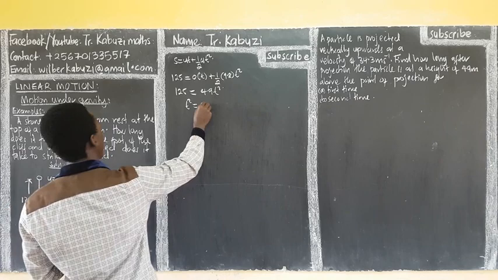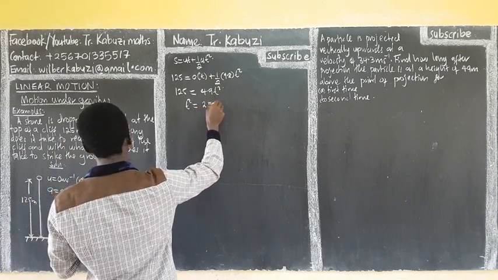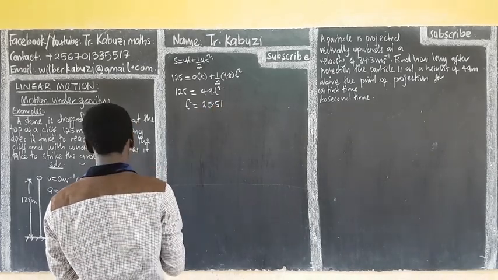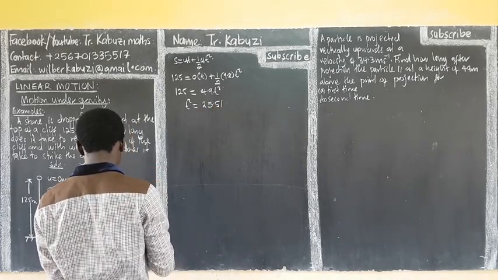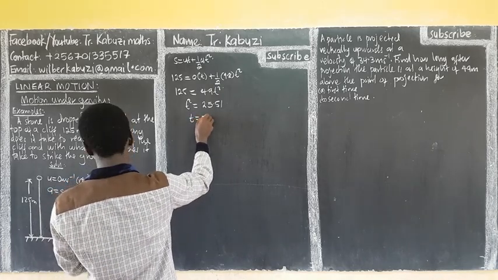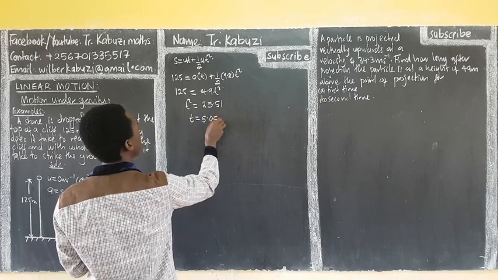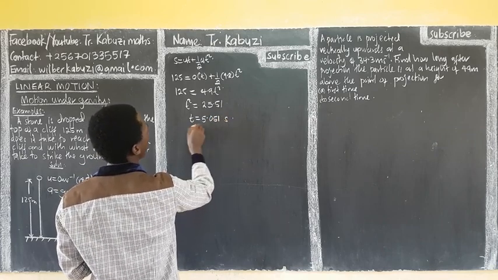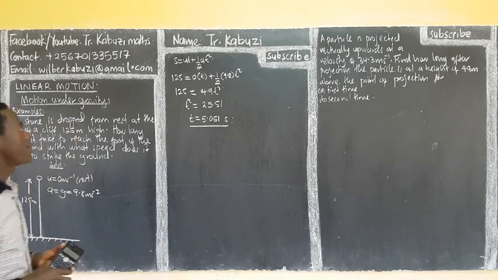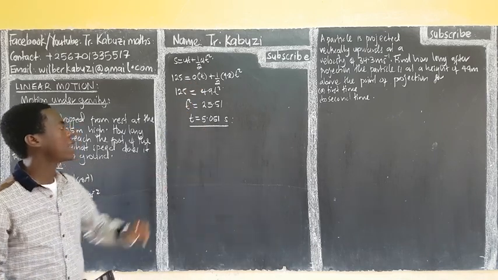I get 25.51 and after getting the square root there, our t will be 5.051 seconds. So the time it will take this particle to hit the ground, from here to here, is the time it will use to cover this distance, because it's from rest, that's why you have 0, and that will be the time.